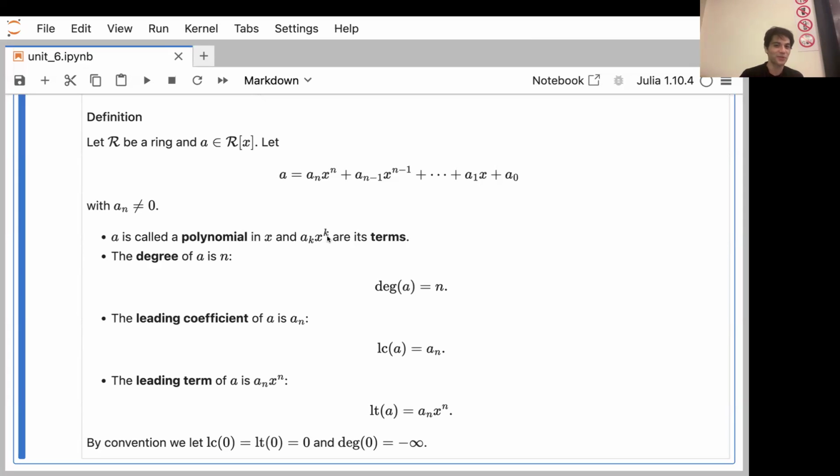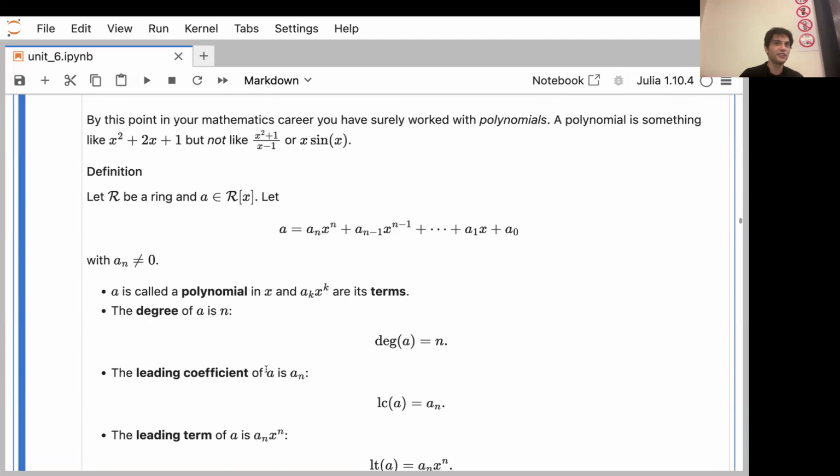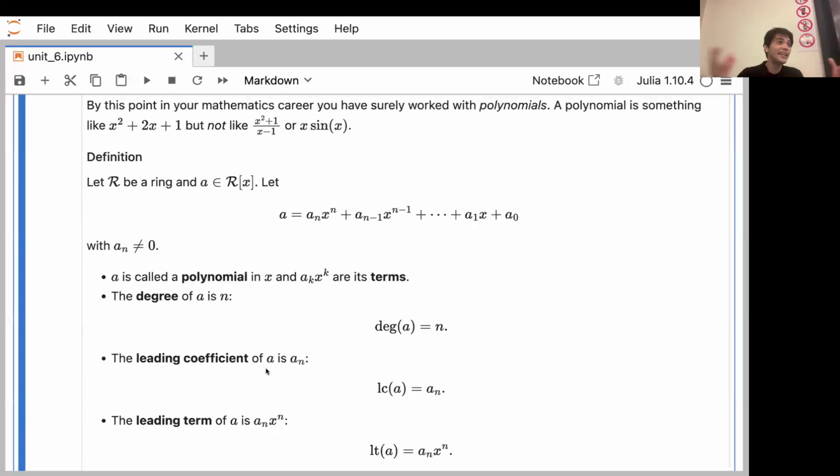That's where the term comes from. The degree of this is the largest n for which a_n is not zero, a_n is the leading coefficient, and the leading term is a_n times x^n. Surely you're familiar with terms like degree, leading coefficient and leading term, yes? Perfect. What's the leading coefficient of the zero polynomial?